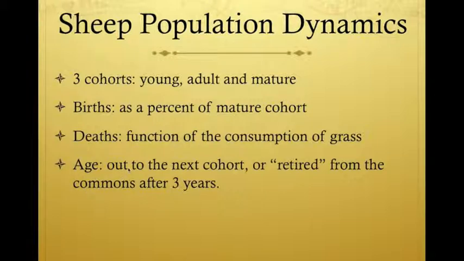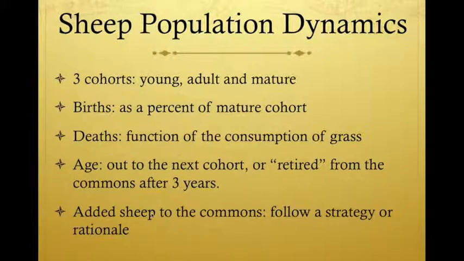There's an aging process here. The sheep that don't die age, and then they move on to the next cohort. And of course, after the 3 years, they're retired from the commons, as I mentioned before. And then there is an ability of the villagers to add sheep to the commons, and this is meant to follow a strategy or some sort of rationale.